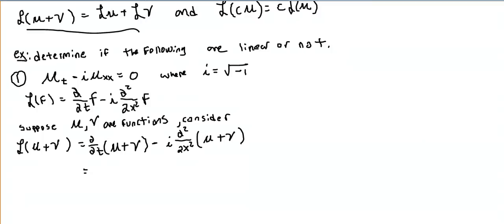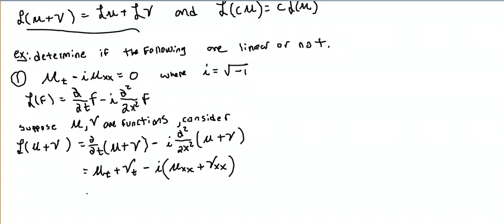Well, this is just equal to u sub t, and d dt acting on v will be plus v sub t, minus i times the second partial derivative with respect to x acting on u plus v, so it would be u xx plus v xx.